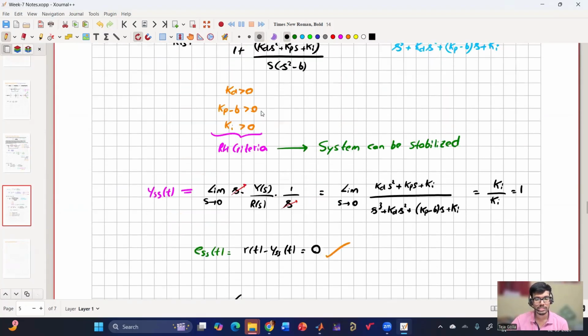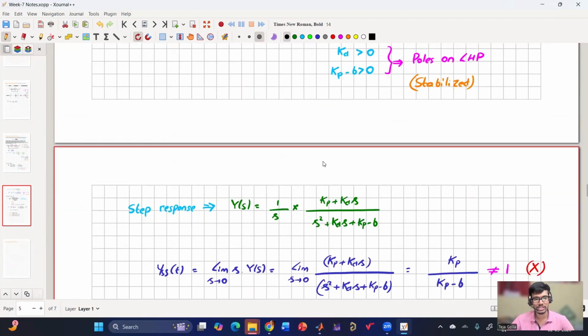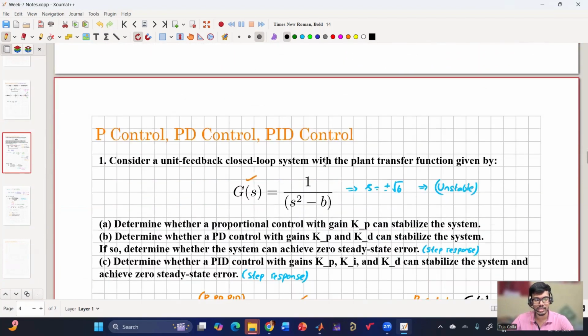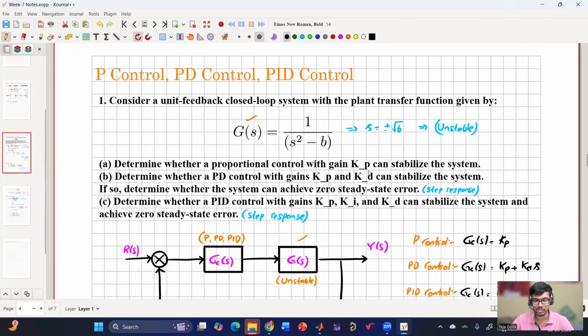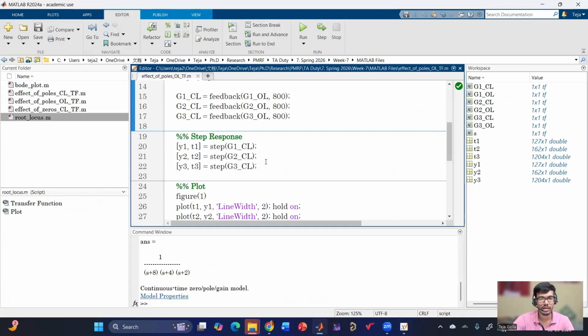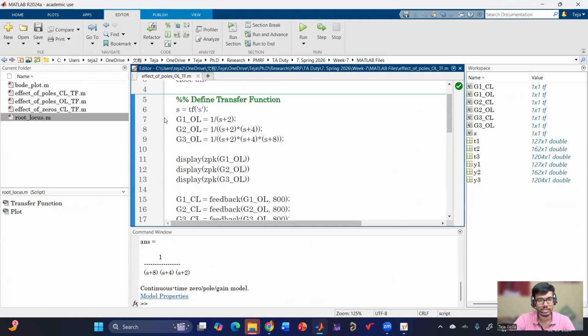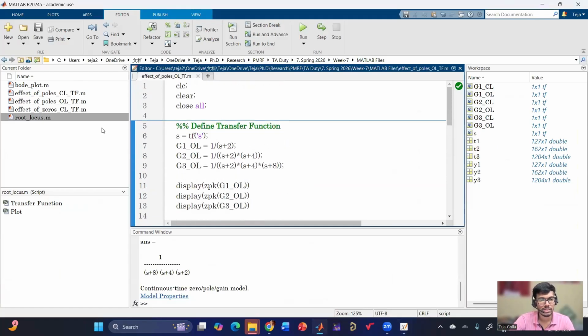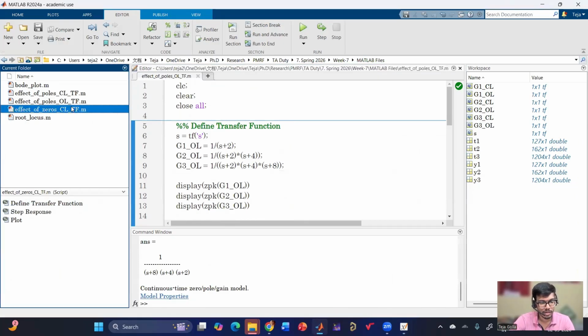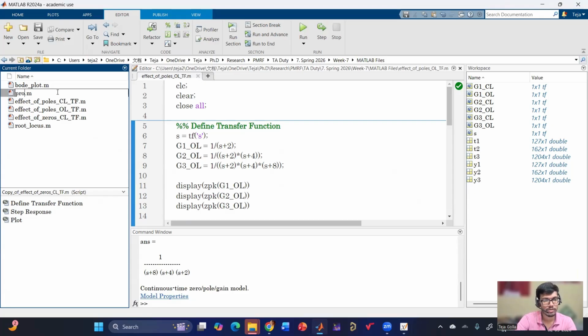Similarly, we can do this for whatever transfer function GC, and then we can do MATLAB also. So let me see whether I can do that because we have this feedback, right? So let us consider the effect of zero. I'll consider this as problem one.